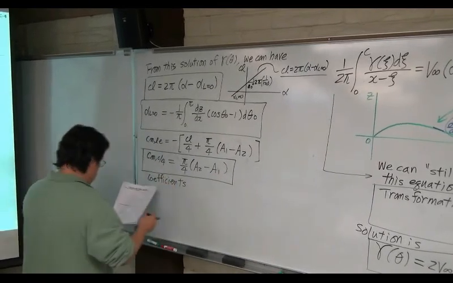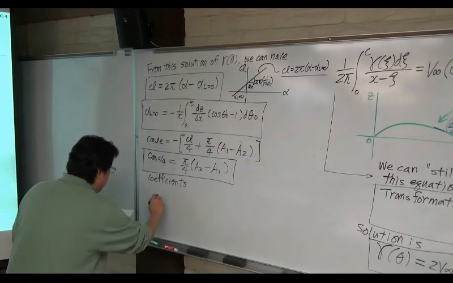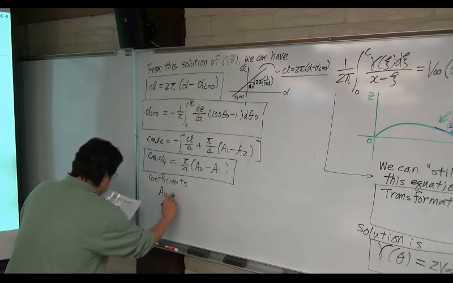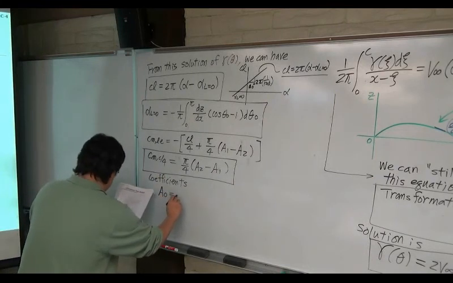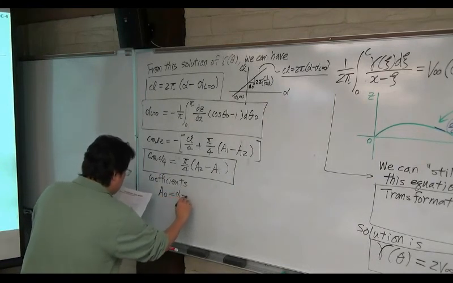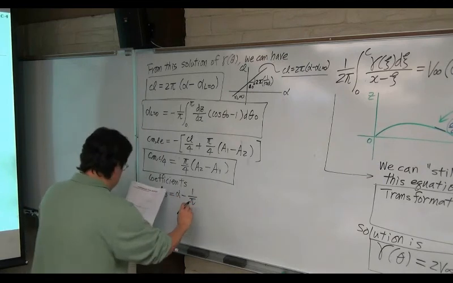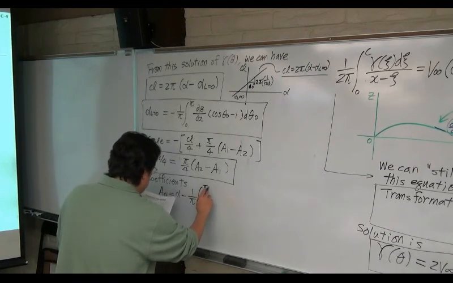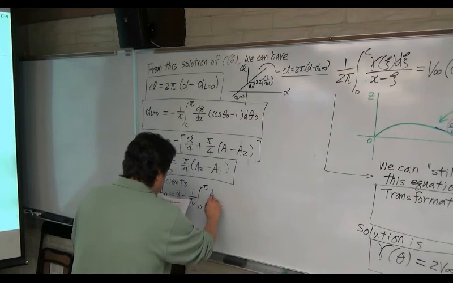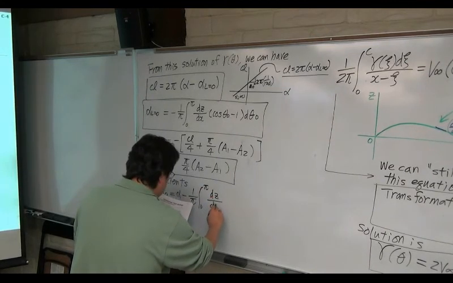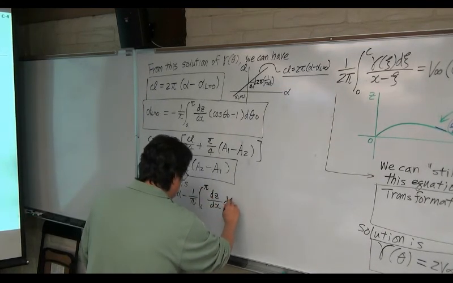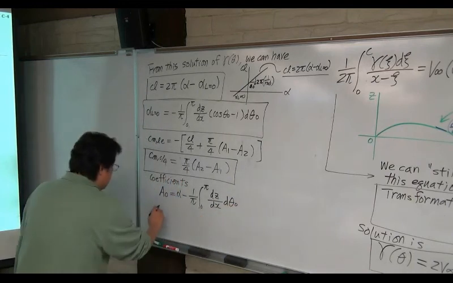Okay. So coefficients. A0 is alpha minus 1 over pi integral from 0 to pi of dz/dx d theta 0. So this is the coefficient A0.